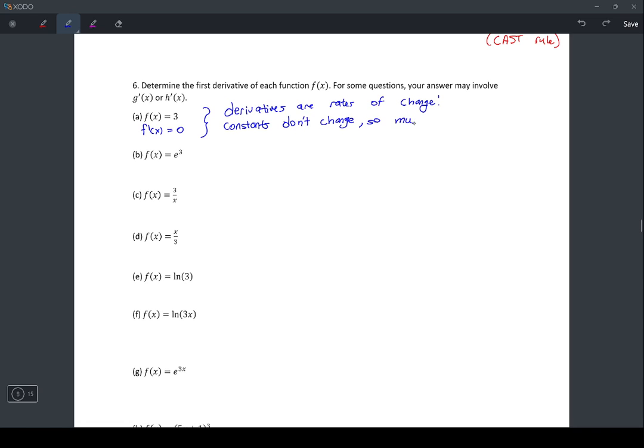So, must have a rate of change of 0. Thus, a derivative of 0. It's enough just to say equals 0.